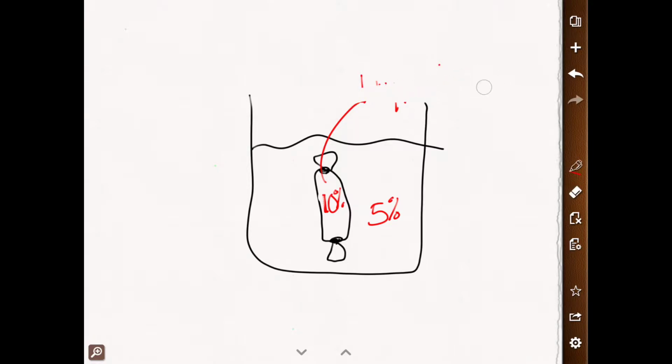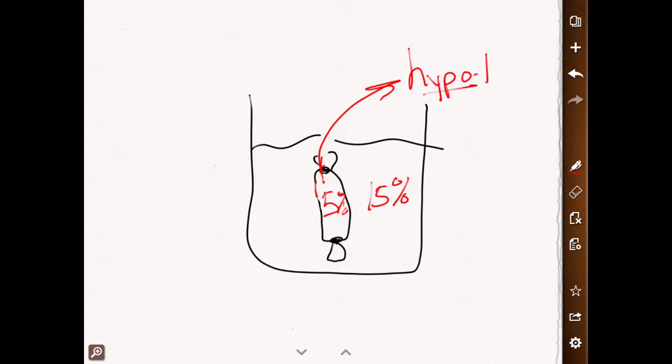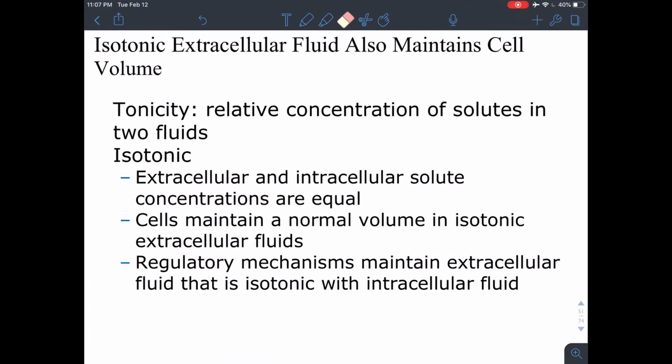And then of course the third one, if the concentration inside were lower than the concentration outside, then we would say that the solution inside of the pouch here would be hypotonic in relation to the solution on the outside. So that's a review of how we talked about it with the beaker of water and the semi-permeable dialysis tubing. And you'll do that experiment in lab if you have lab this semester.